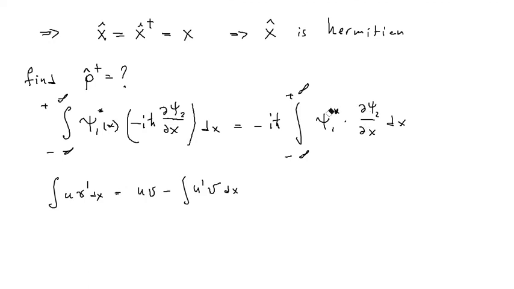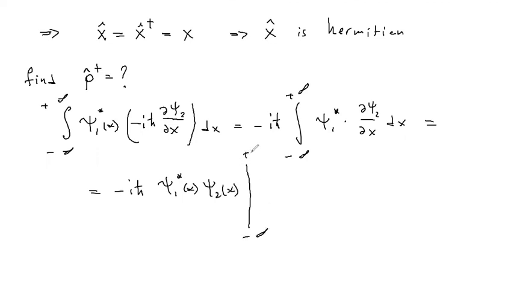I have to pay a price. What will be the price? Negative sign and surface term. So this is something I have to be careful with. First of all, I'm going to have a surface term at minus and plus infinity. And then I can move derivatives, but I have to change sign.